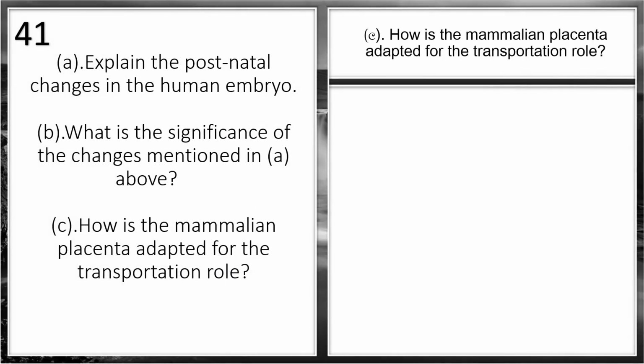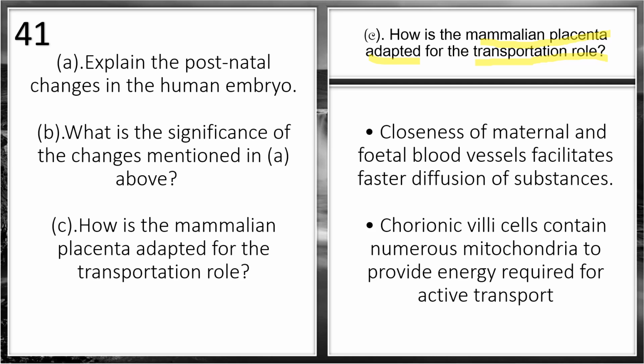Part C. How is the mammalian placenta adapted for the transportation role? Closeness of the maternal and the fetal blood vessels facilitates faster diffusion of substances.